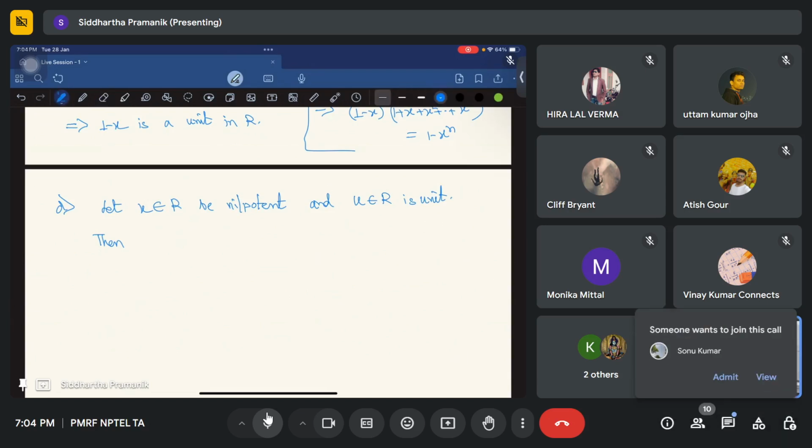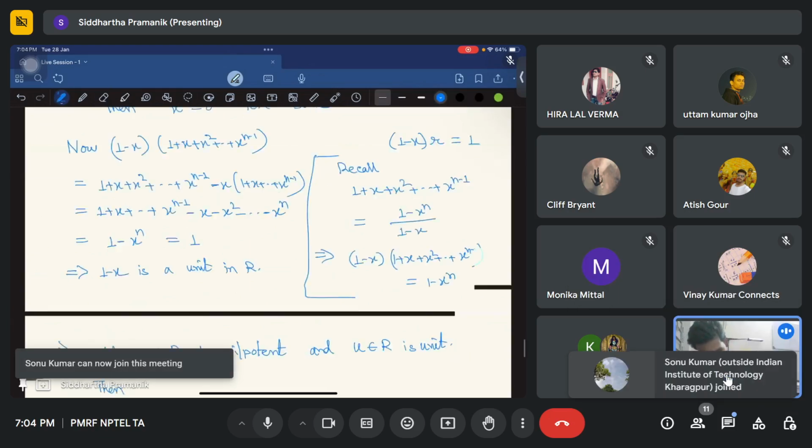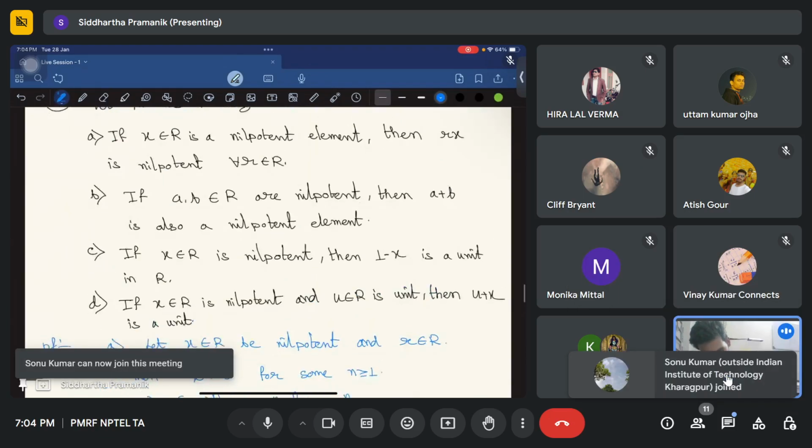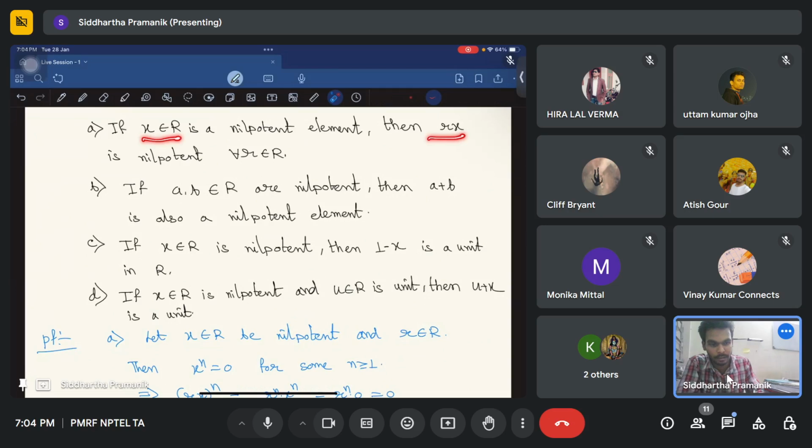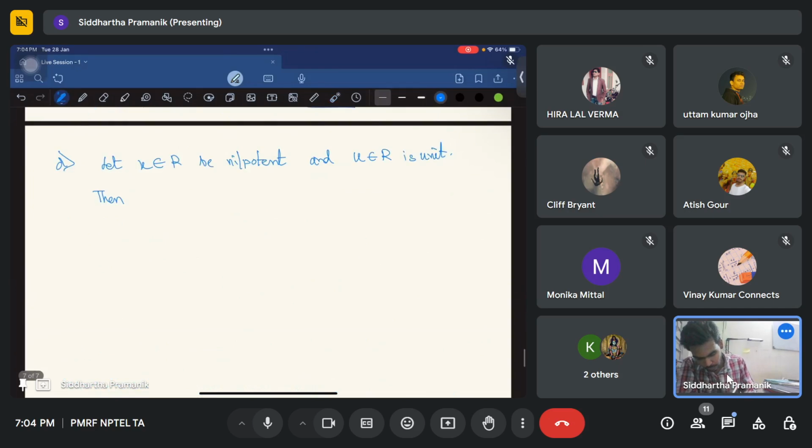Then u inverse exists. So by the first part, if we take the product of a nilpotent element with any other element, it is again a nilpotent element. So u inverse times x is a nilpotent element. Okay, this is by part A.